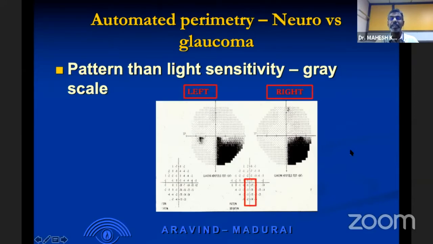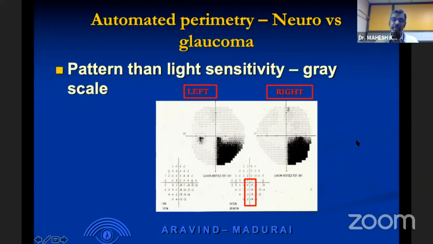And not only that, we need to keep both the fields side by side, right on the right side and left on the left side, as the patient sees it. And we simultaneously compare both the visual fields, unlike in glaucoma where we may be individually examining the individual field defects. So this will give us a clue.